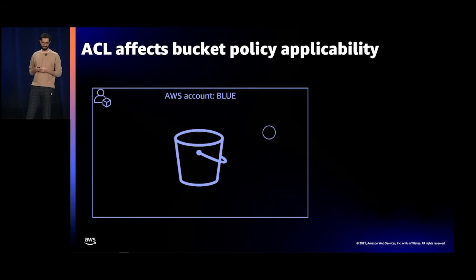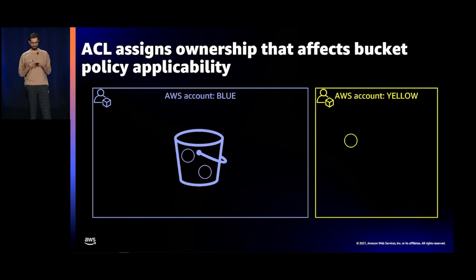In the first use case, if you have IAM roles or users within your AWS account writing objects to your bucket, you'll own these objects. You will also own the objects written by different IAM roles within your account. Now let's assume that we have an external account writing objects to your bucket, and you have a bucket policy that allows, in this case, account yellow, to read and write from the bucket.